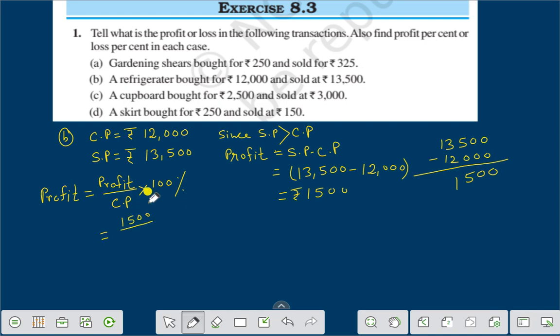What is the cost price? Cost price is 12,000. So 1500 by 12,000 into 100%. You see, this 0 will cut this 0, this 0, and this 0, and this 0 and this 0 also. Then we are getting 150 by 12.